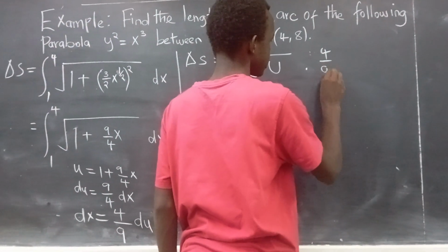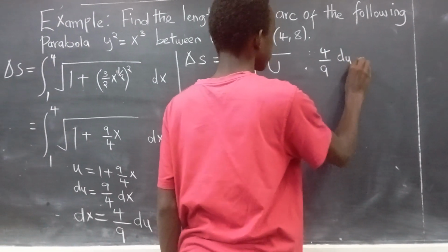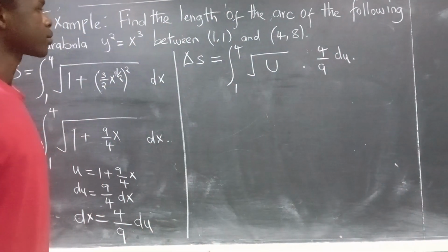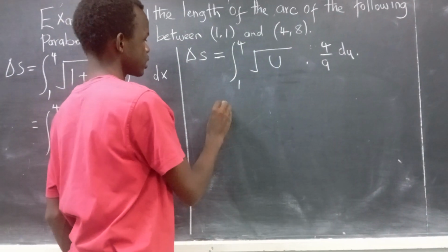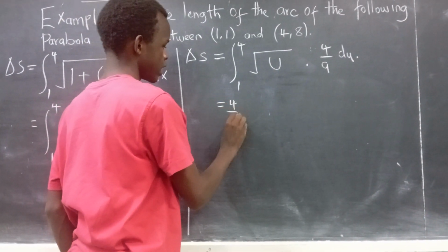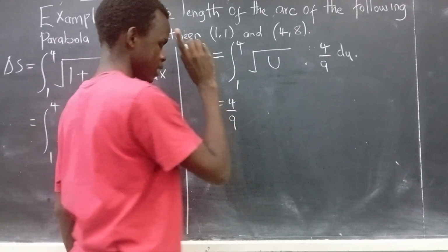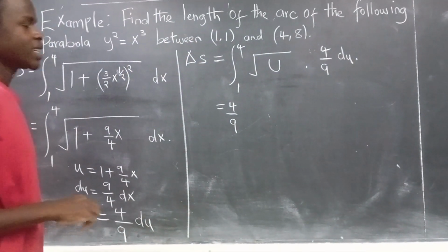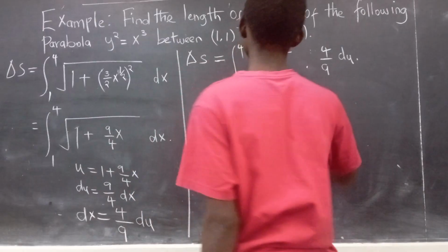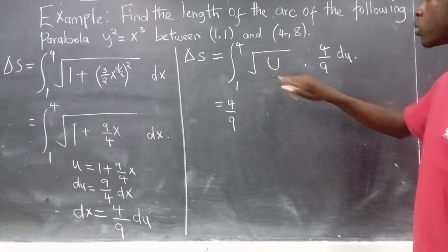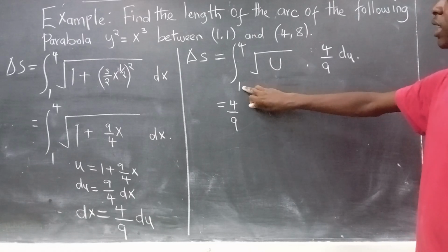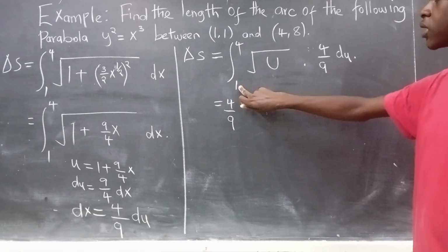Taking 4 over 9, a constant term, outside the integral, we get 4 over 9. But we have changed all the terms into terms of u, so we'll have to change the bounds to the u world.